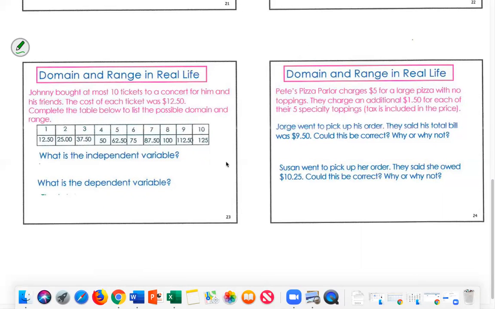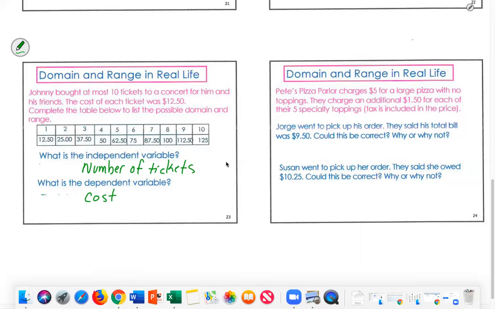It's discrete. I can't buy like half a ticket. And then my range is $12.50, 25, which is 2 times $12.50, $37.50, which is 3 times that. So my independent variable is going to be number of tickets. And what is the dependent variable? Okay, this is going to be cost or price.